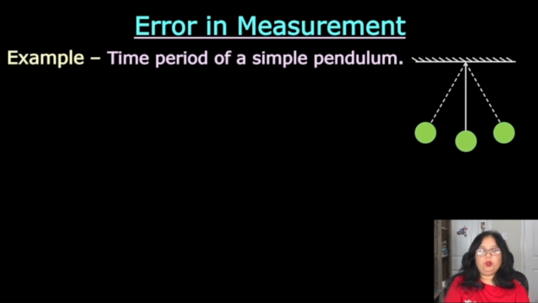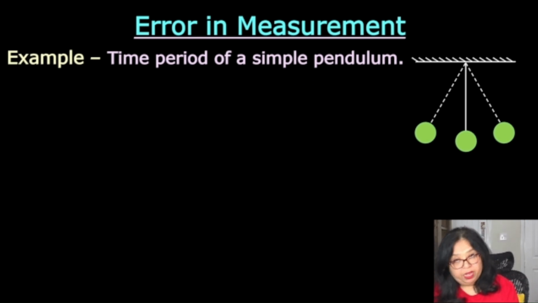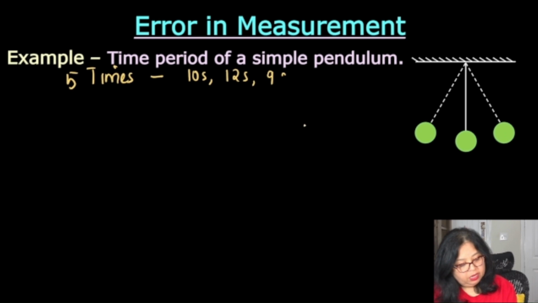Time period of a simple pendulum. Okay, let's say you measure the time period of a simple pendulum 5 times and your values are 10 seconds, 12 seconds, 9 seconds.